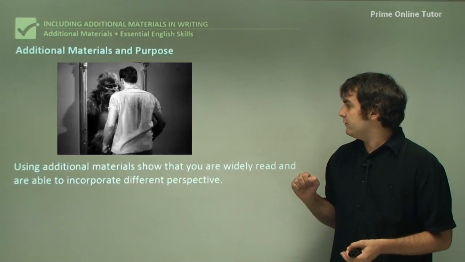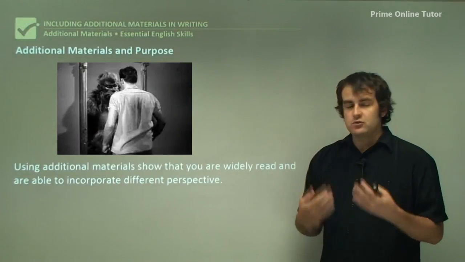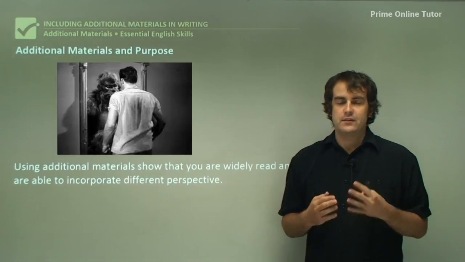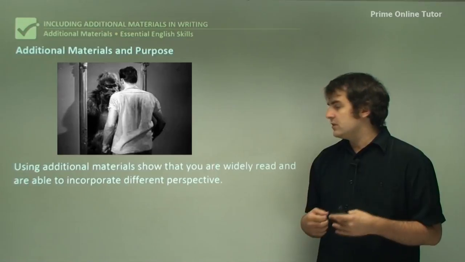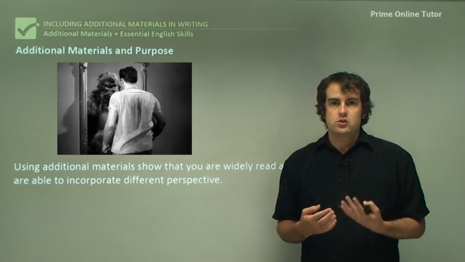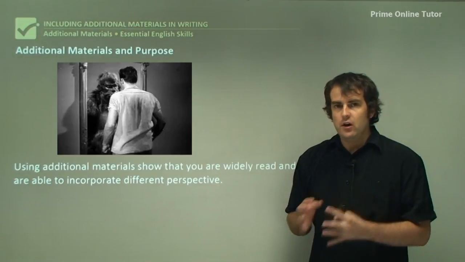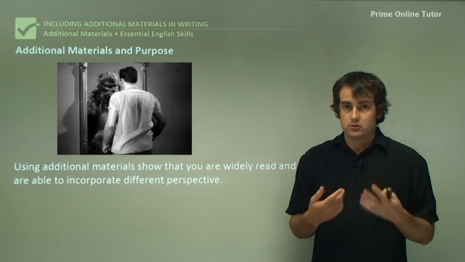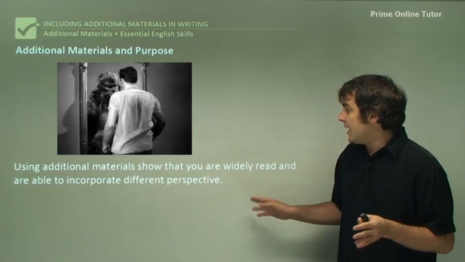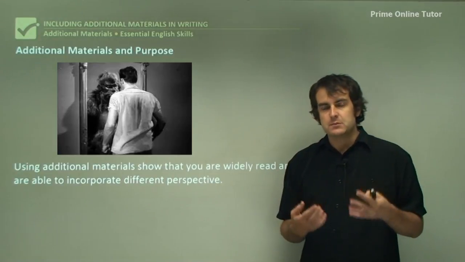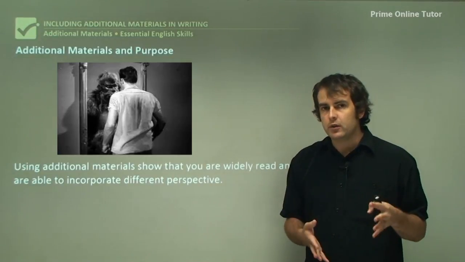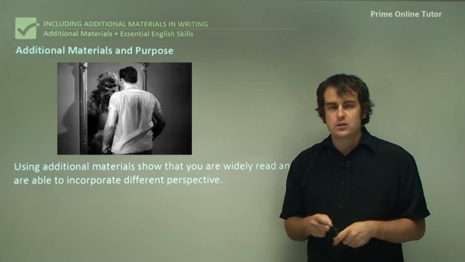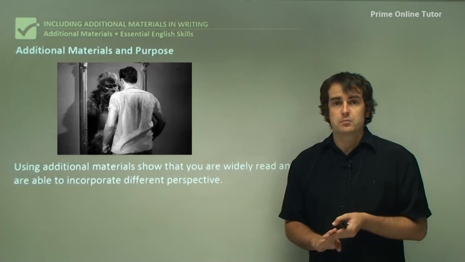So to start with, using additional materials is to prove that you're widely read and you're able to incorporate a number of different perspectives. In other words, you're able to show that you can go outside of what the prescribed text offers in terms of analysing an area of study or a topic, and to provide another point of view on it, even though it will generally be about the same as the one you're using for your prescribed text.